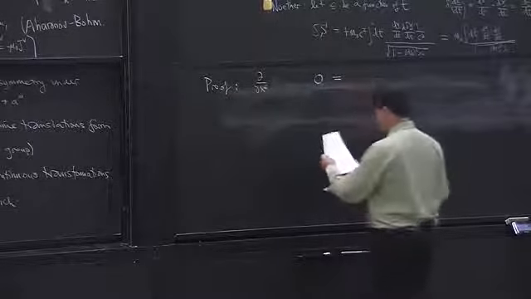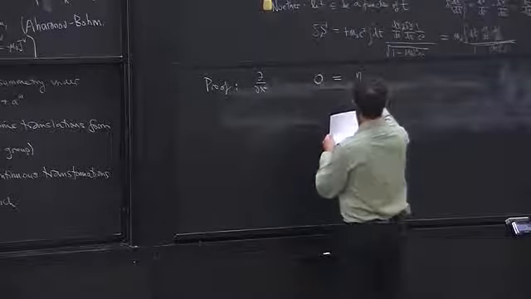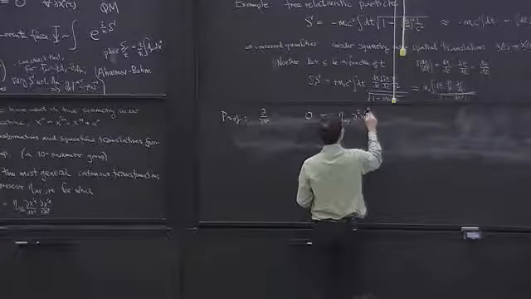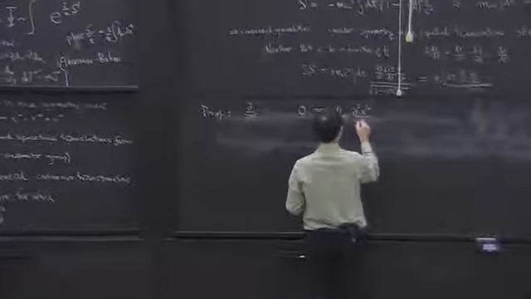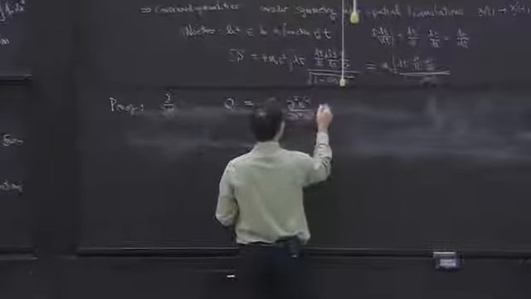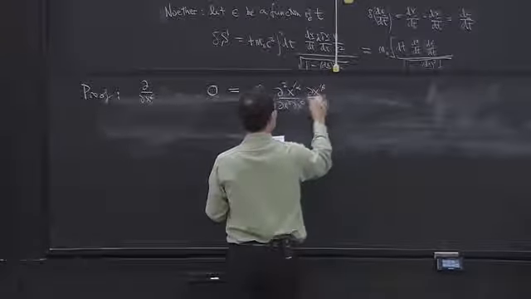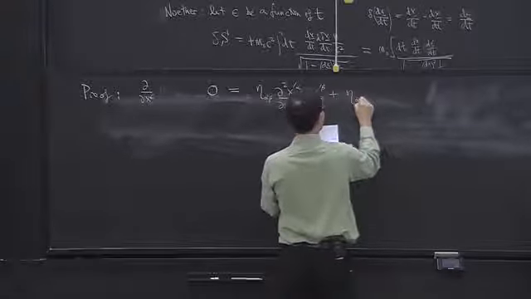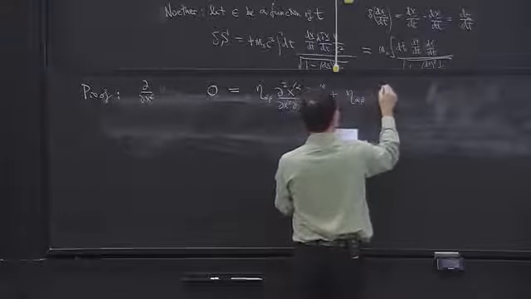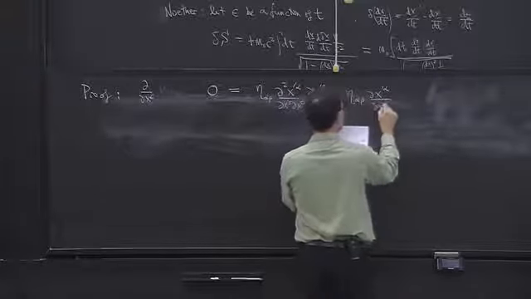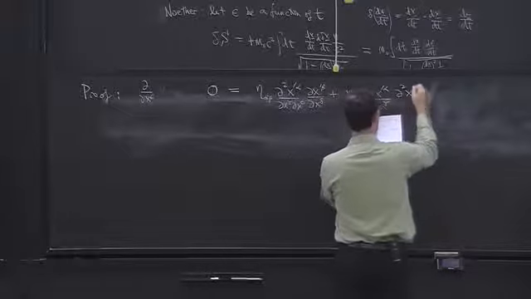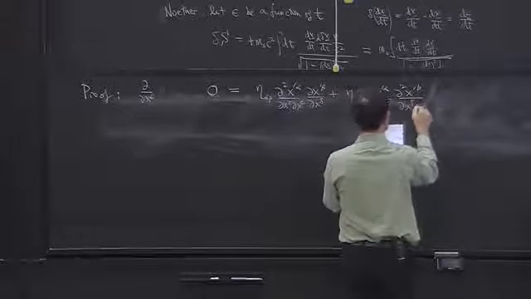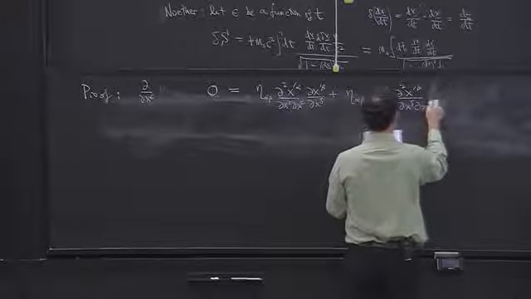And on the right-hand side, I get eta alpha beta, d2 x prime alpha dx gamma dx epsilon dx prime beta dx delta plus eta alpha beta dx prime alpha dx gamma d2 x prime beta dx delta dx epsilon.